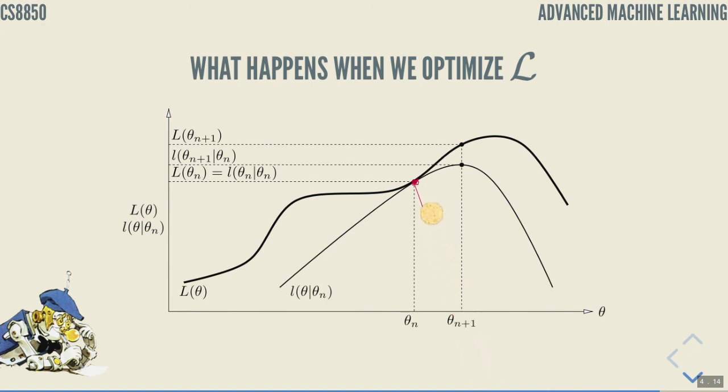So if we pick the value that maximizes the lower bound, that is higher than where they touch, then we get to the new value of the likelihood, where we can continue the process and maximize the lower bound again, pick the new value, compute the new lower bound, and maximize it again and repeat it again.